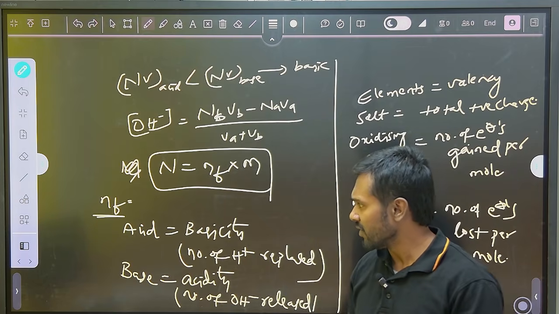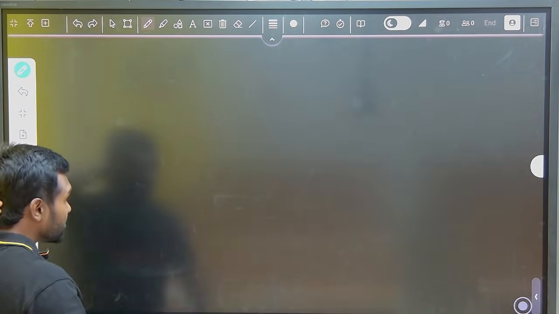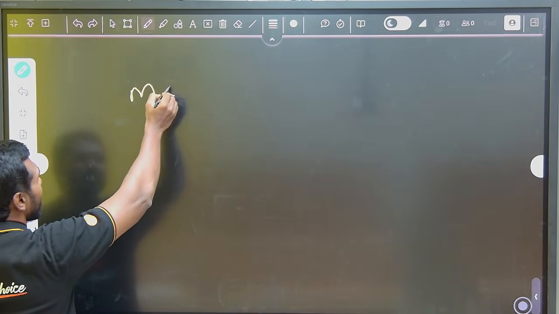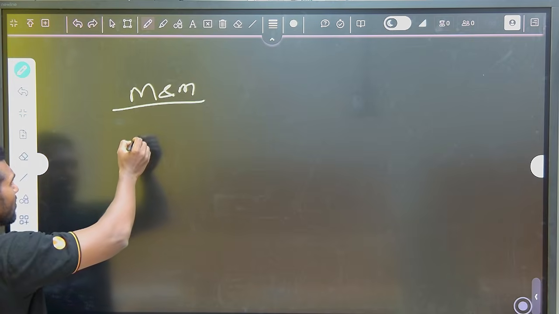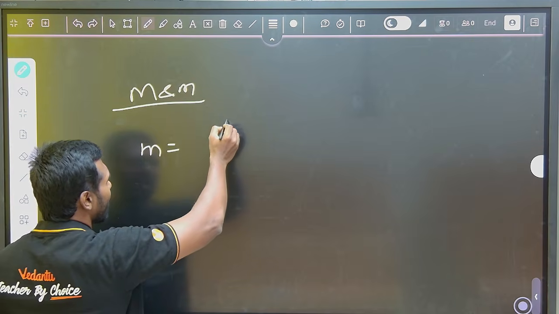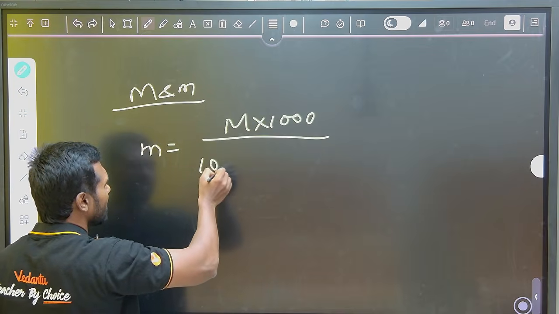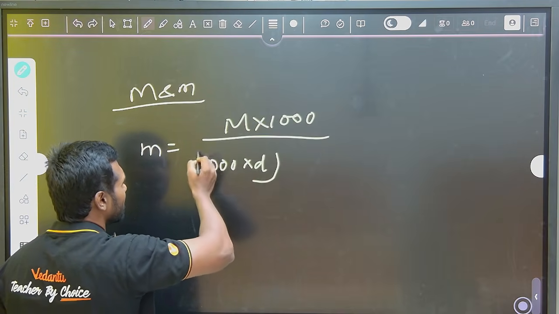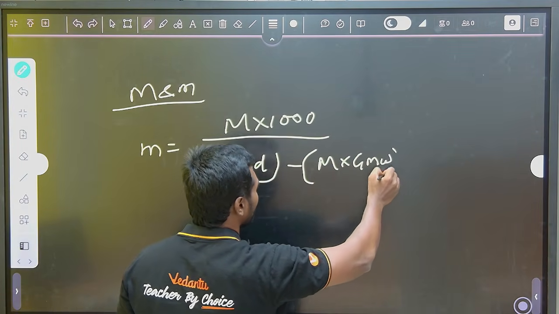Okay, the last two formulas we'll discuss here. That is the relationship between molarity and molality. Molality is equal to molarity into 1000 by 1000 into density minus molarity into gram molecular weight of solute.